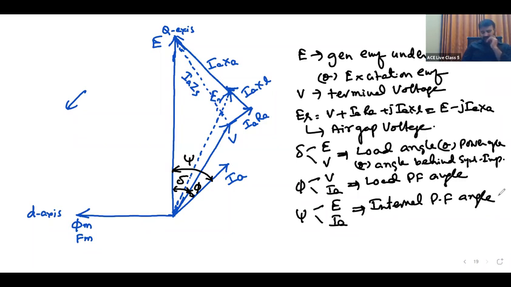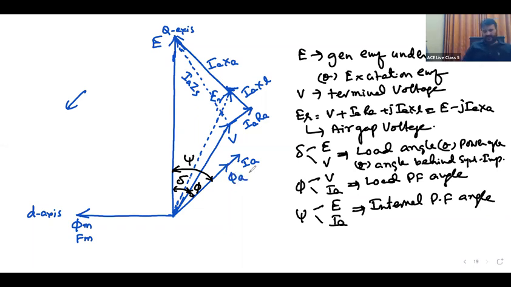In this, what is psi? Psi is equal to phi plus delta. See, this is IA, and phi A is in the same phase.